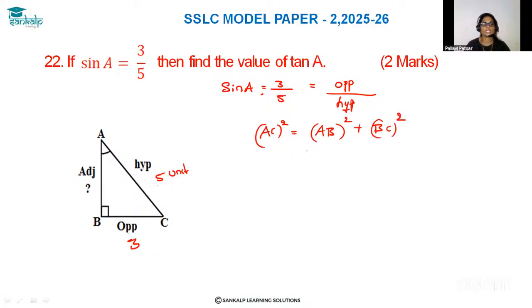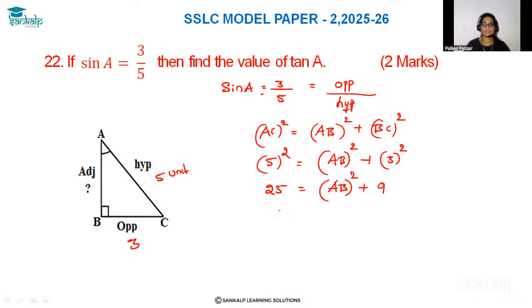So here substitute the known values. AC square is 5 whole square, equal to AB square plus BC whole square. So 5 square is 25, equal to AB square plus 3 3s are 9.